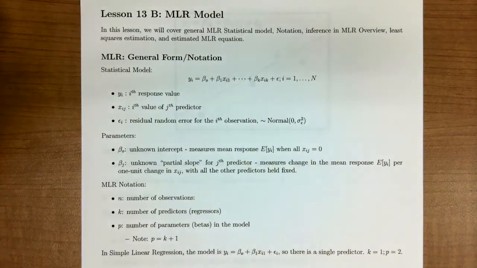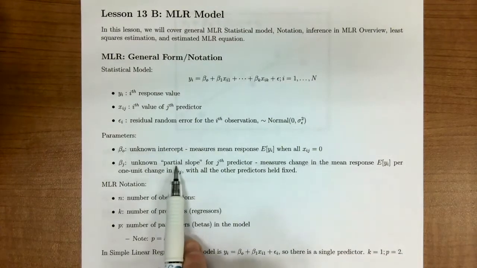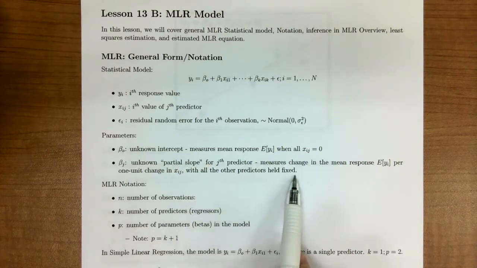If we think back to simple linear regression, or even just algebra class, where we had y equals mx plus b, that m, that slope, told us how much y is changing as x increases. Same idea here, but we're going to do partial slopes. The reason we say partial is because we're holding all the other predictors fixed.